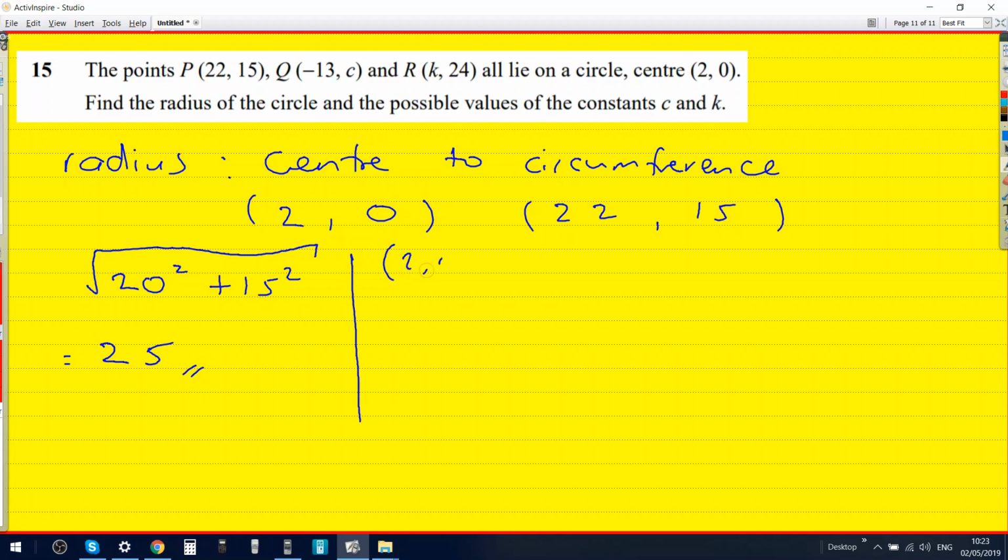So from 2, 0, so that's center, to minus 13, C. So it's minus 13, minus 2.